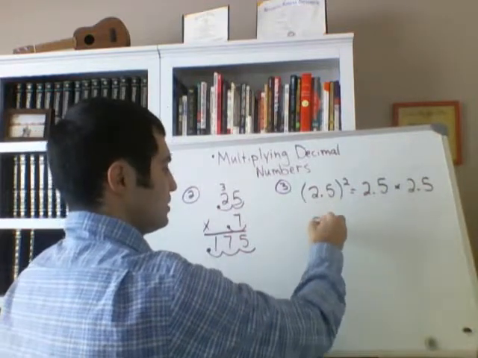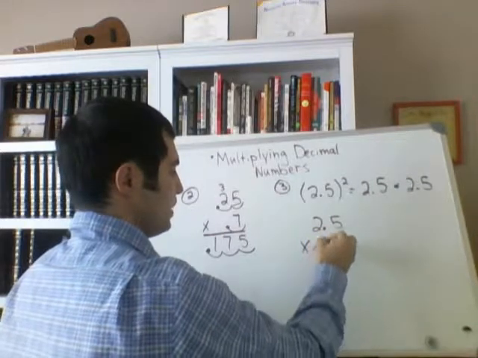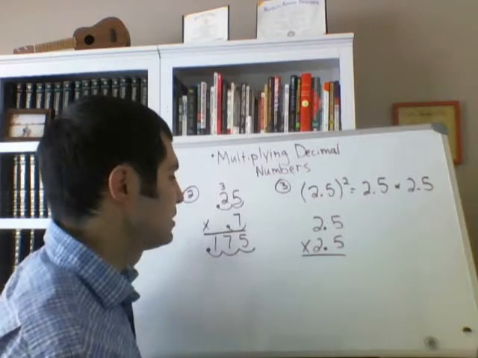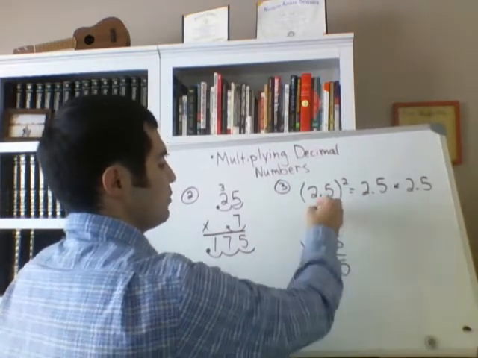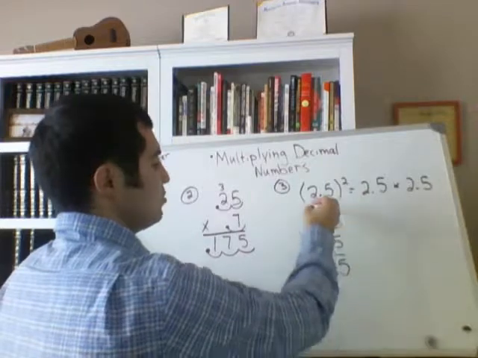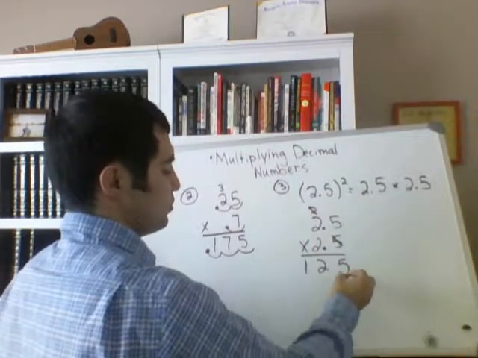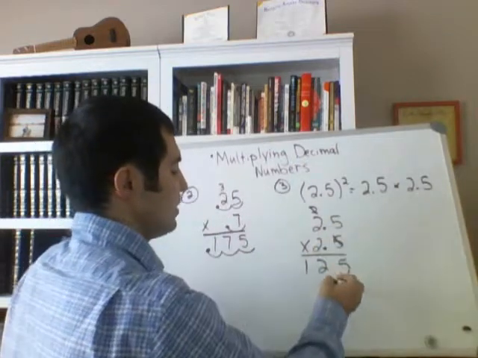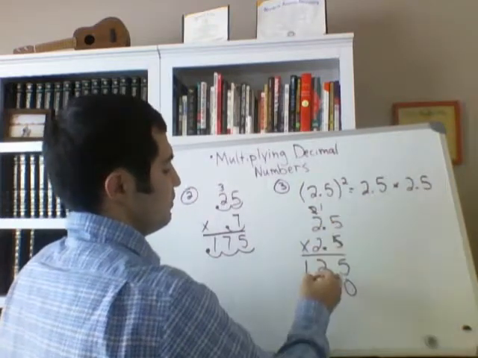Let's write this out, up and down. It so happens that the decimal is lined up there, but that doesn't necessarily need to take place. 5 times 5 is 25, carry the 2. 5 times 2 is 10, plus 2 is 12. Cancel, cancel, placeholder 0. Same algorithm, nothing different. 2 times 5 is 10, carry the 1. 2 times 2 is 4, plus 1 is 5.